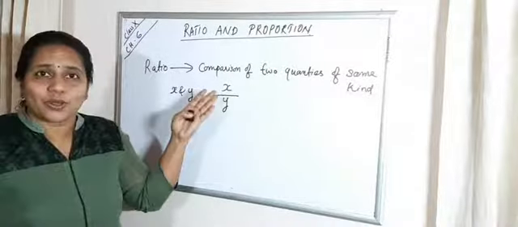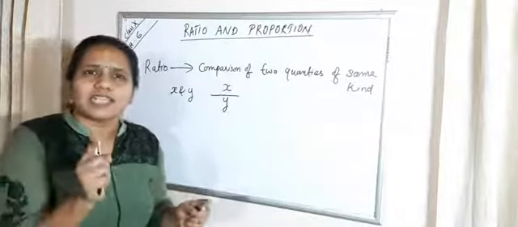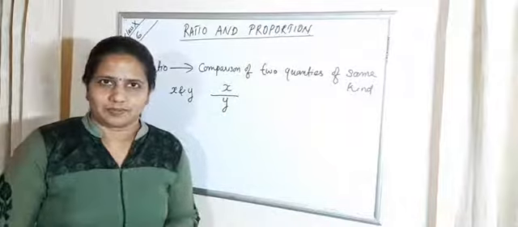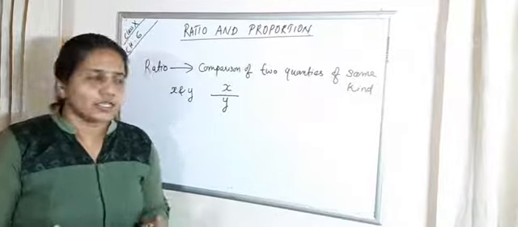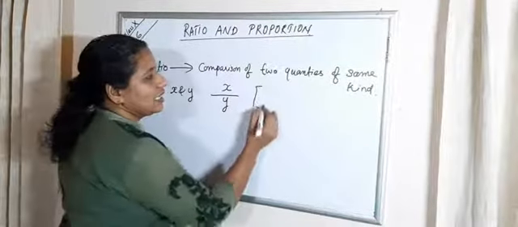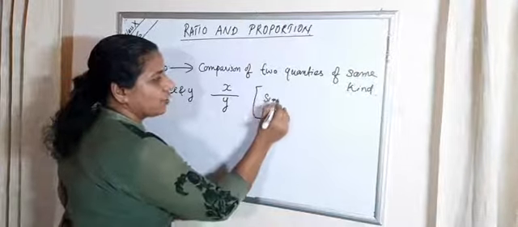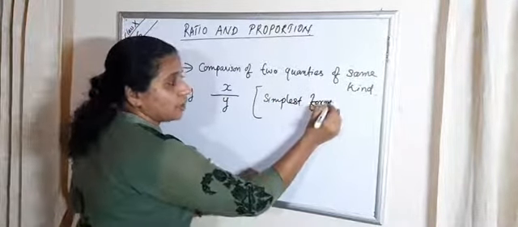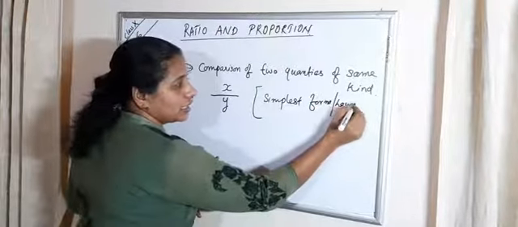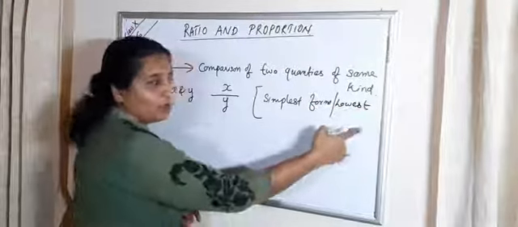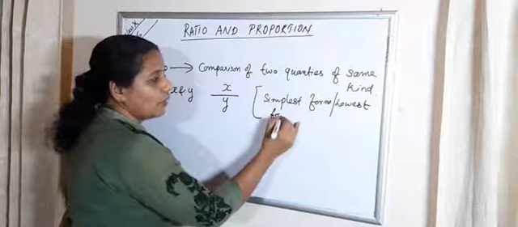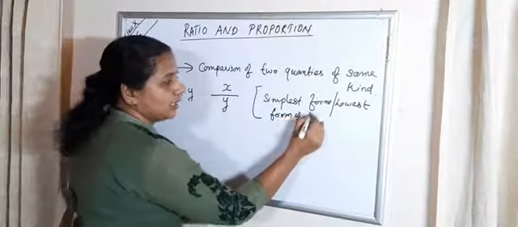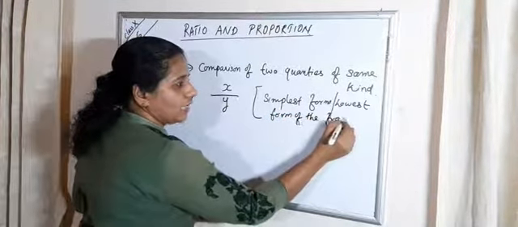That is, ratio means it is the simplest form of the fraction. Clear? Simplest form means lowest form. That is, ratio means simplest form or lowest form of the fraction.